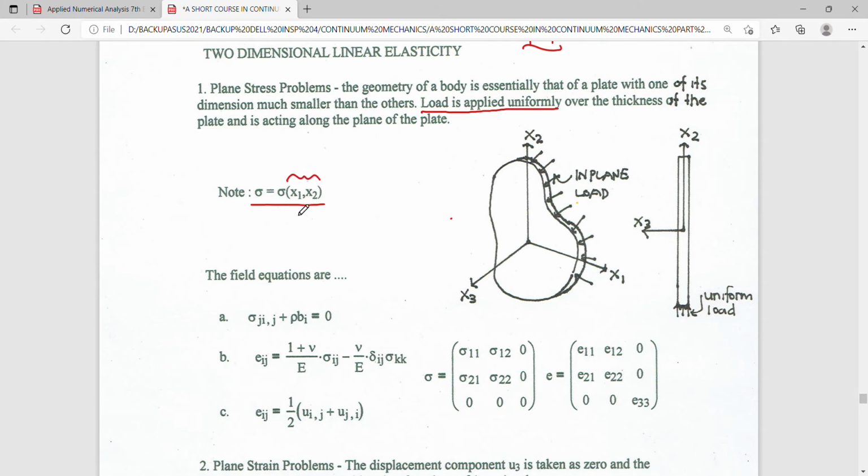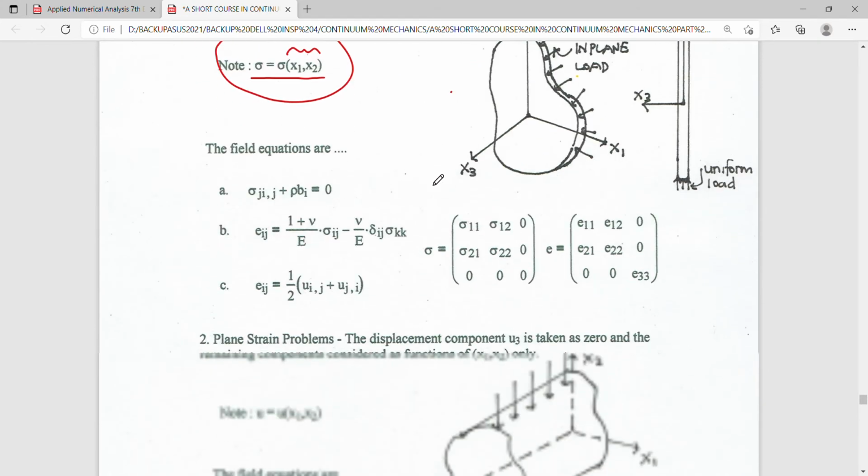Okay, so if this is the x1, x2 plane, which is defined by the orientation of this plate element, which is arbitrarily bounded, no, then I can say that this is a plane stress problem. So, ito yung mathematical definition. Yung kanina, yung dinescribe ko sa inyo is a more of a geometrical definition.